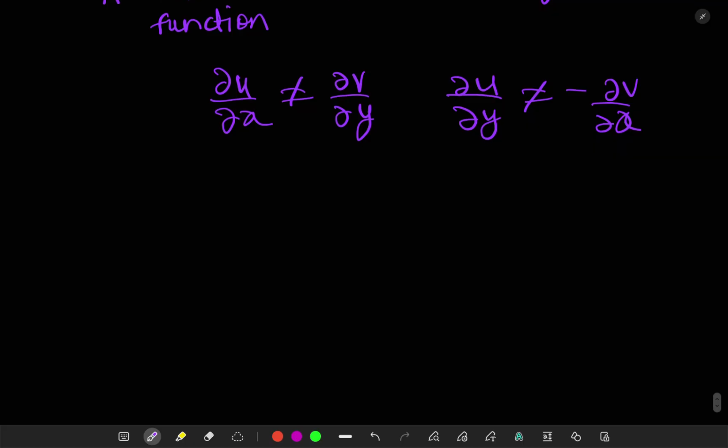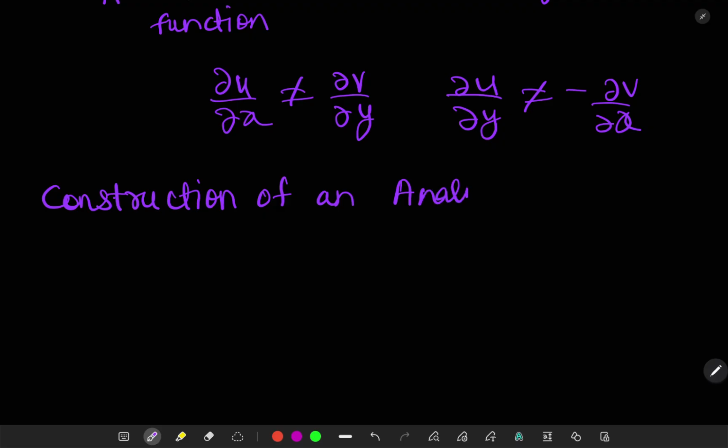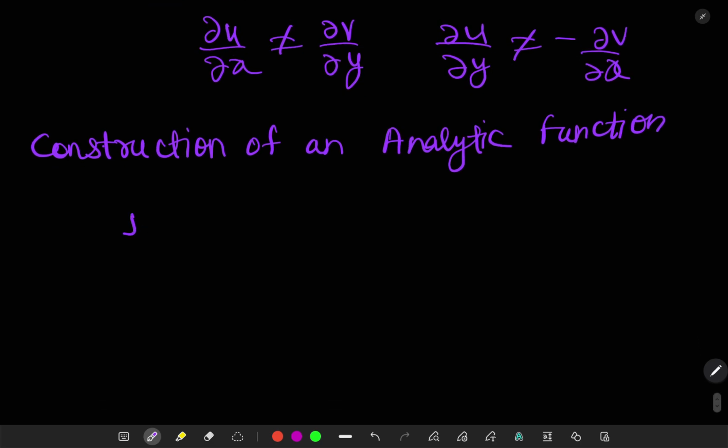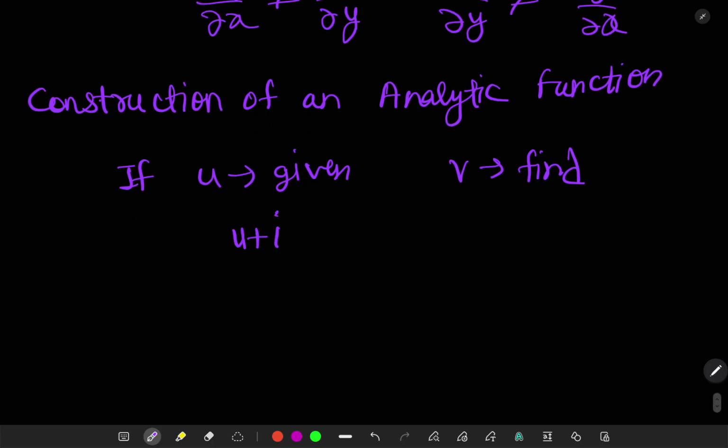Let's do construction of an analytic function. If u is given, the problem is we need to find v, given that u plus iota v is analytic.